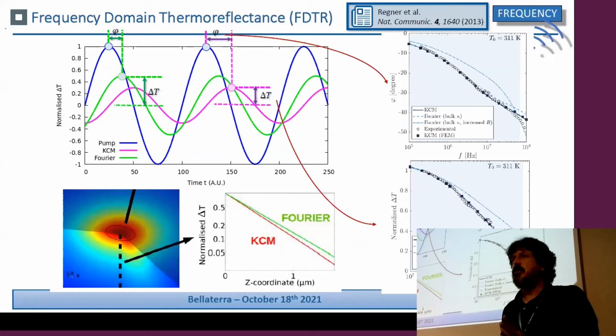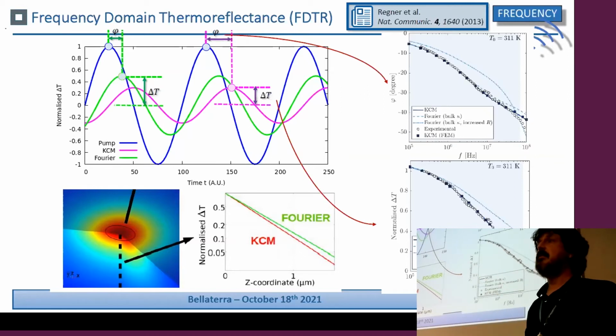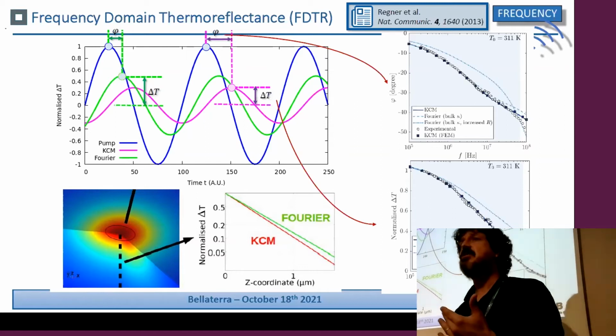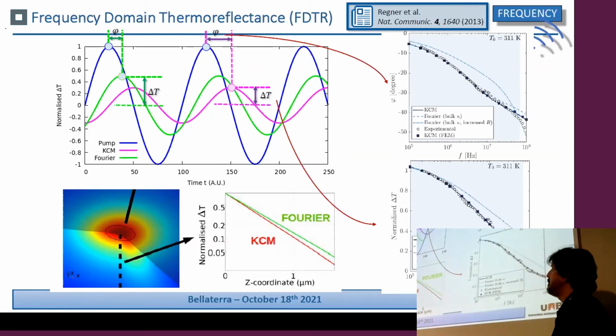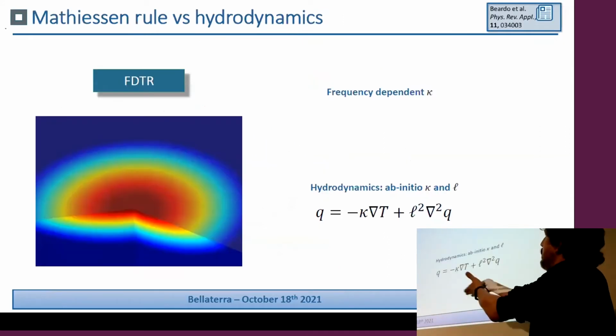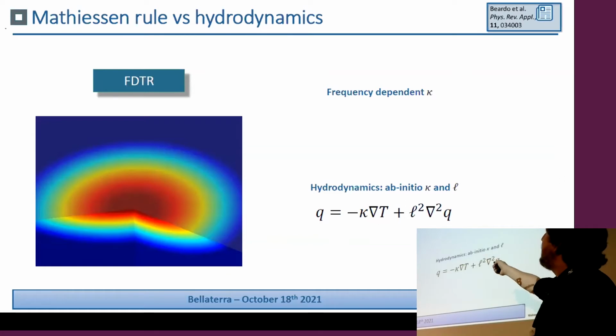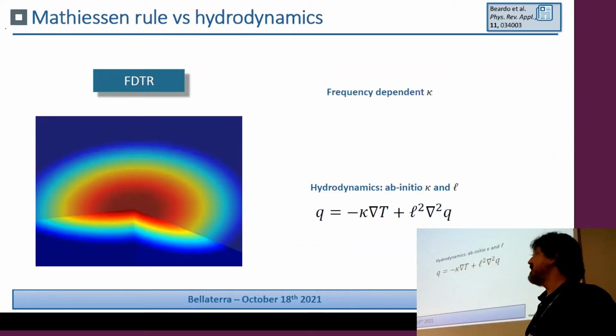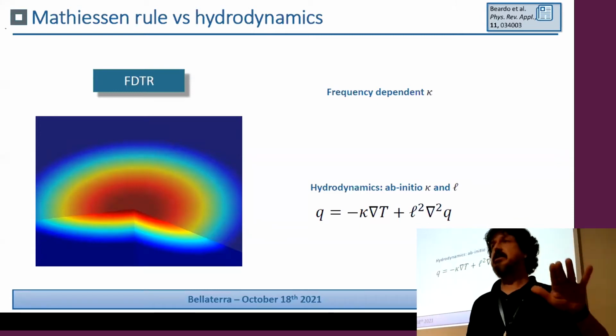Now, I don't want to go into the details, but the nice thing is that it fails to predict the thermal conductivity at the point where more or less the L is of the same size as the penetration depth of your experiment. Okay, once again, you need a frequency-dependent thermal conductivity. You need to change the thermal conductivity with the frequency, and in this case, you just need a single L. You don't need to change anything else.